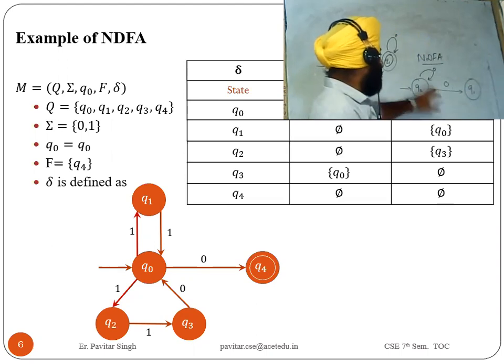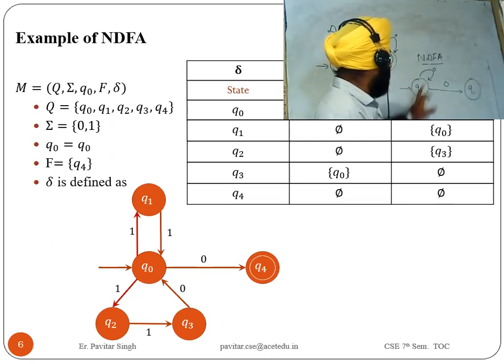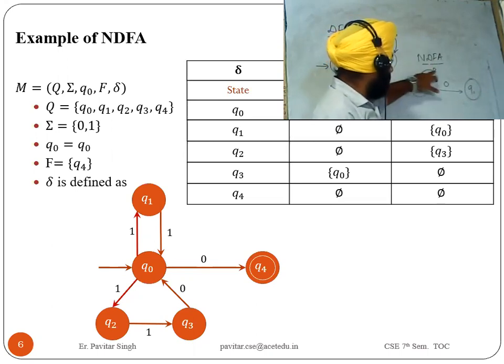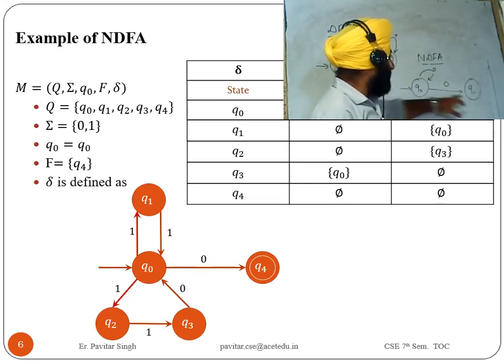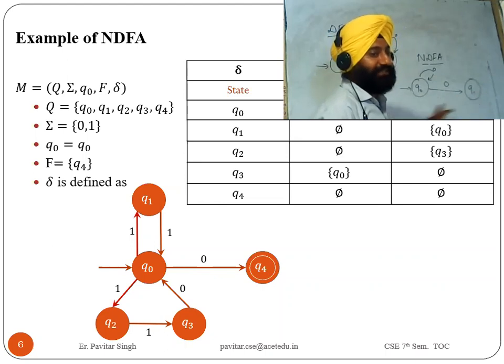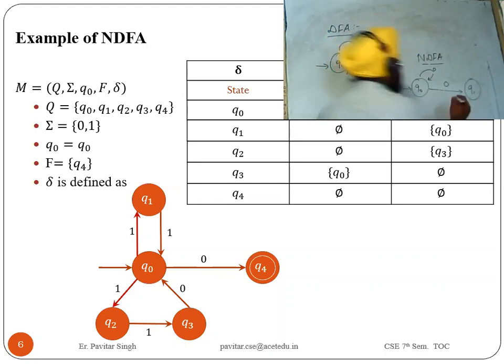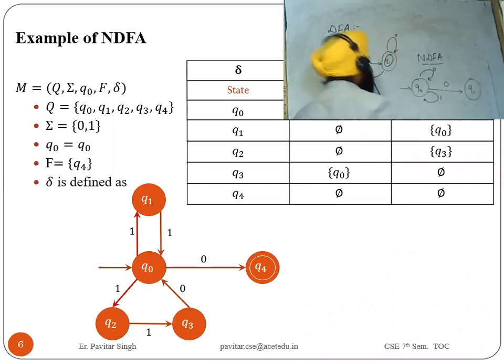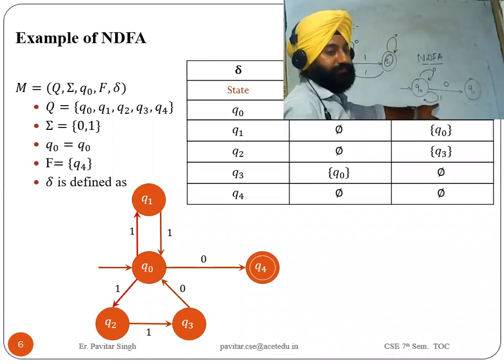So upon a single input, you have two outputs. The input is 0, but you are getting two outputs, that is Q0 and Q1, right? Similarly, Q0 upon the processing of 1 goes to itself. Although you can also show it as one more loop with 0, right?